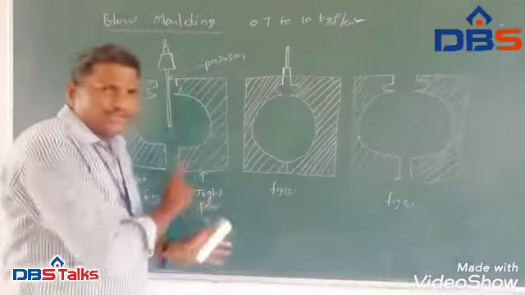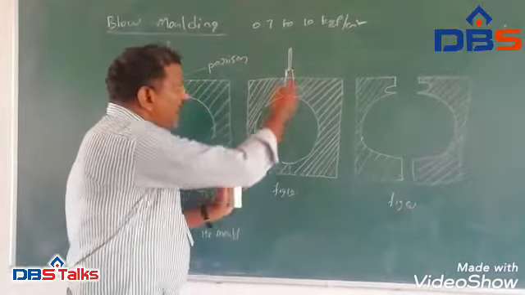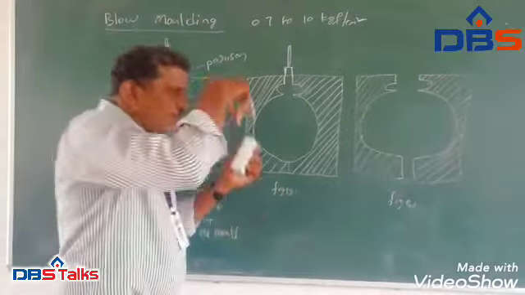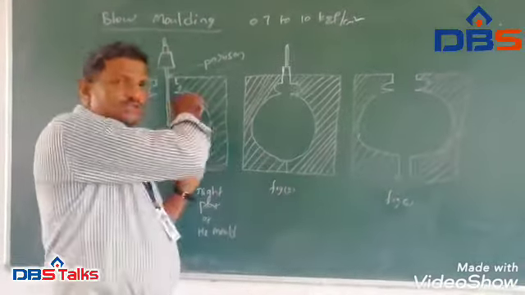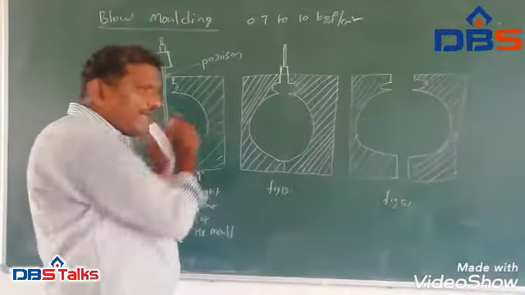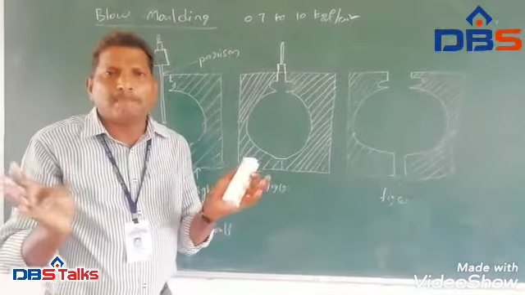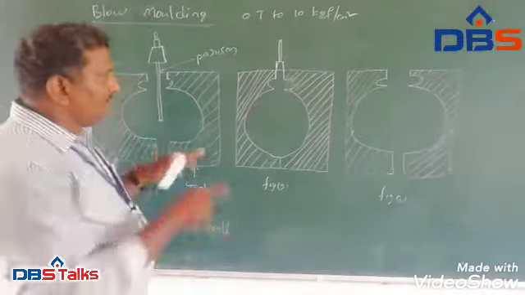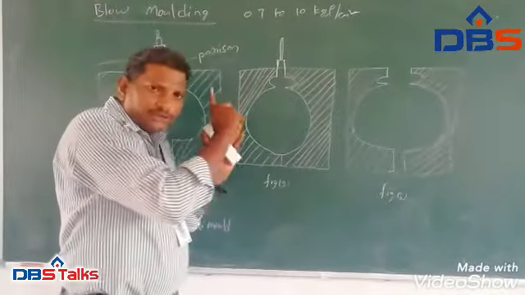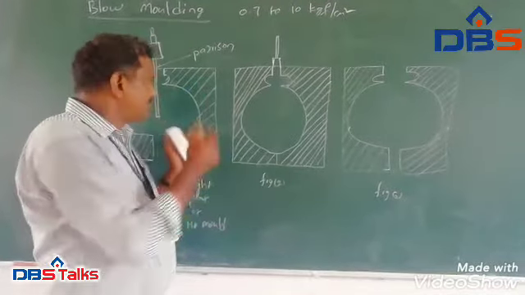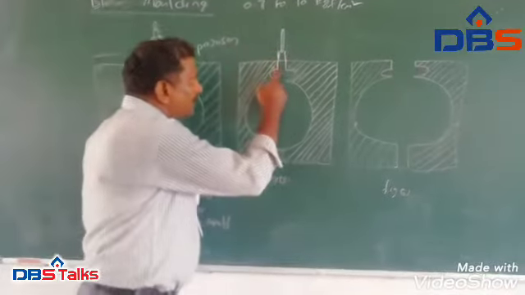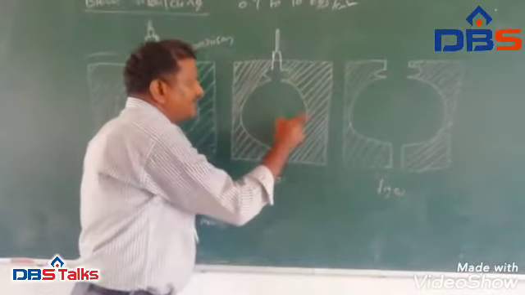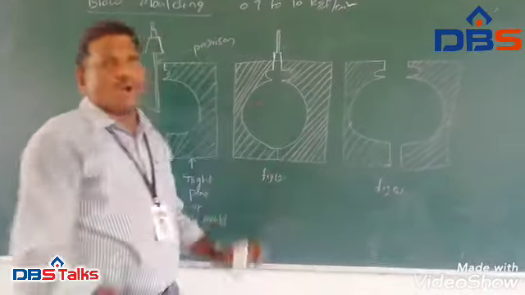After grouping these two, as the compressed air is blowing inside the tube, the parison expands like a balloon, and during the expansion of this plastic material, it seals the entire cavity presented in the mold pattern.